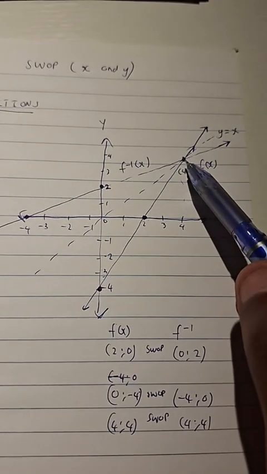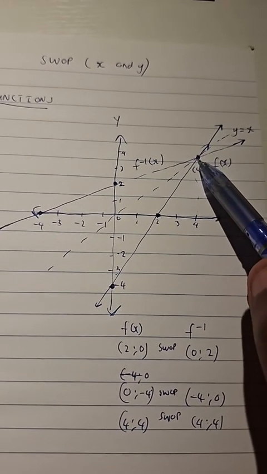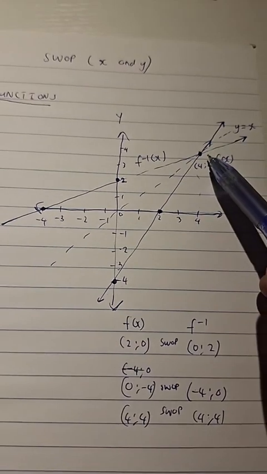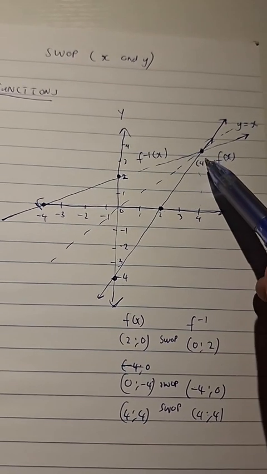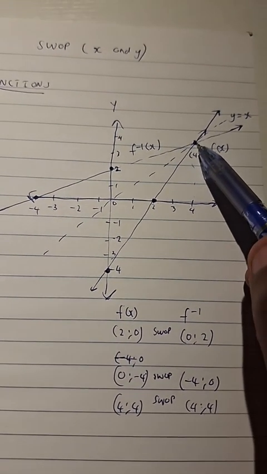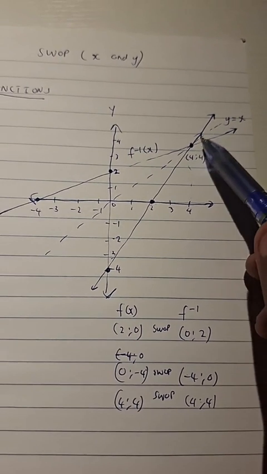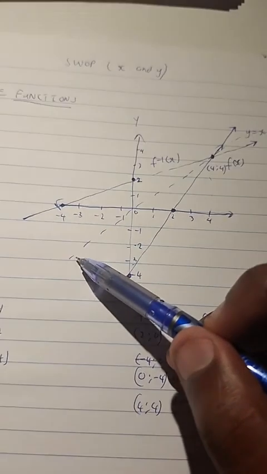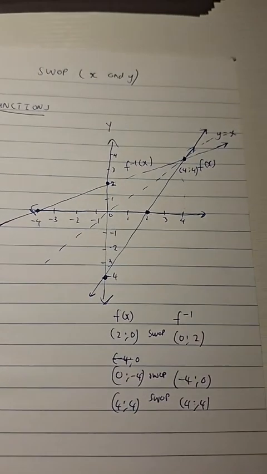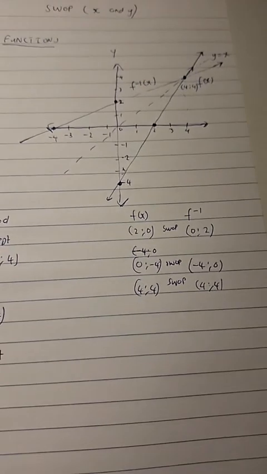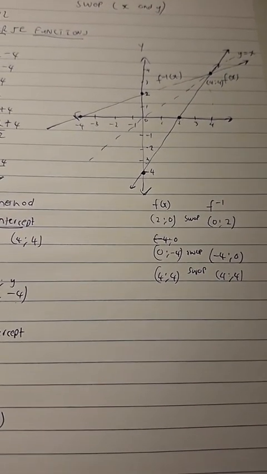And then I have a point where the two functions intersect each other, where x is equal to 4. And therefore, they are symmetrical along the line y is equal to x, because inverse functions are always symmetrical along the line y is equal to x.